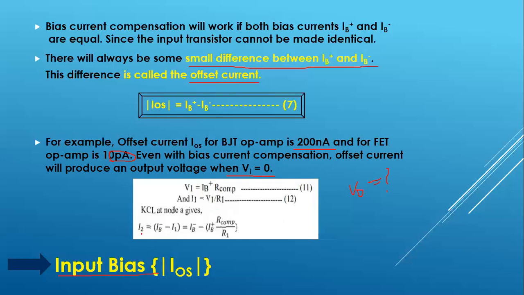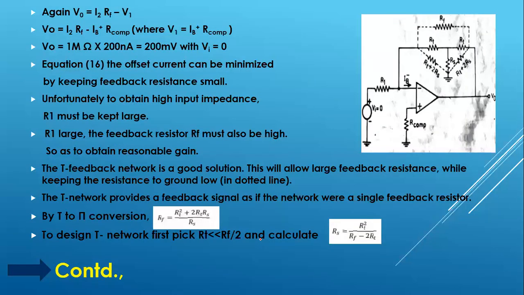And I2 is IB minus I1, which is IB minus V1 by R1, where V1 is equal to IB plus into R compensation. So if you replace all these values, you will get I2 is equal to IB minus IB plus into R compensation by R1.